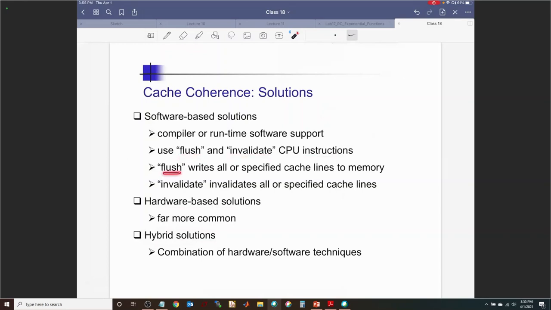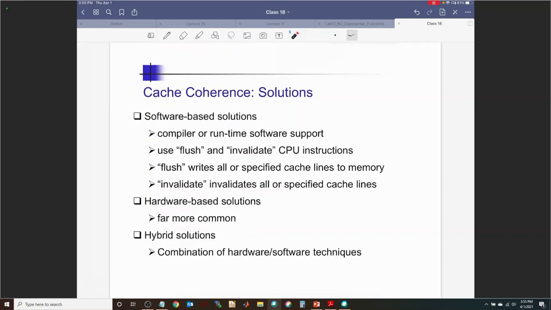Flush could be used to write all or specified cache lines to memory. So flush out all your private caches and get consistent with the memory. Or we could use invalidate, where it invalidates all the private caches of all the other CPUs. We'll see the invalidate message in the snooping protocol in just a bit.